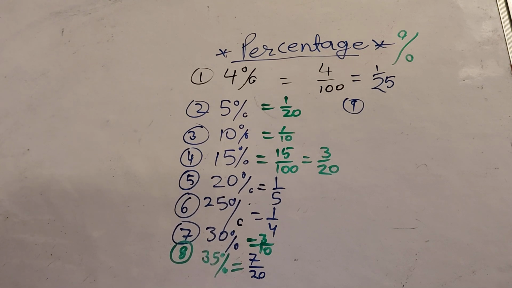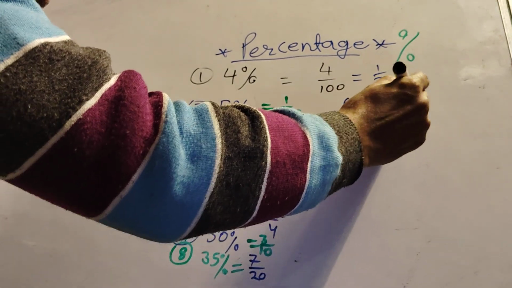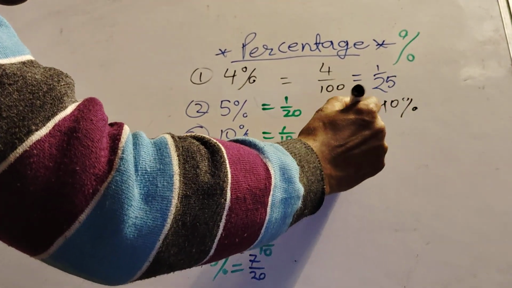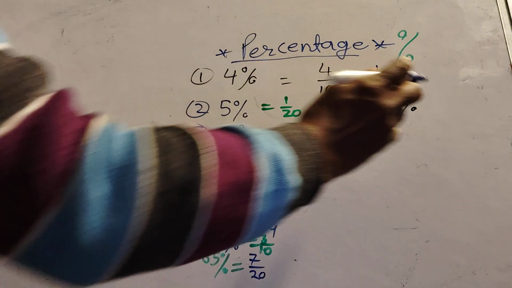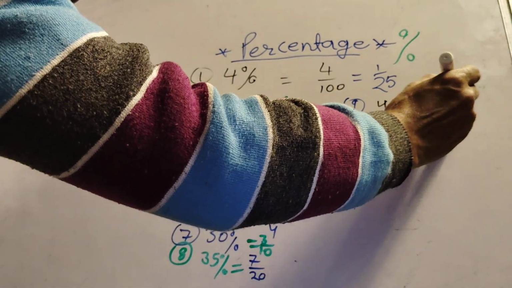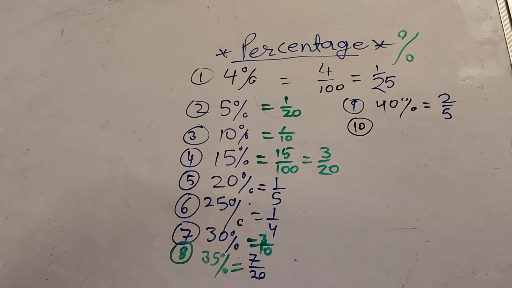Now the ninth one we can write on the other side. 40%. 4/10. Then it is not the final answer. 4 over 10, so 2/5.